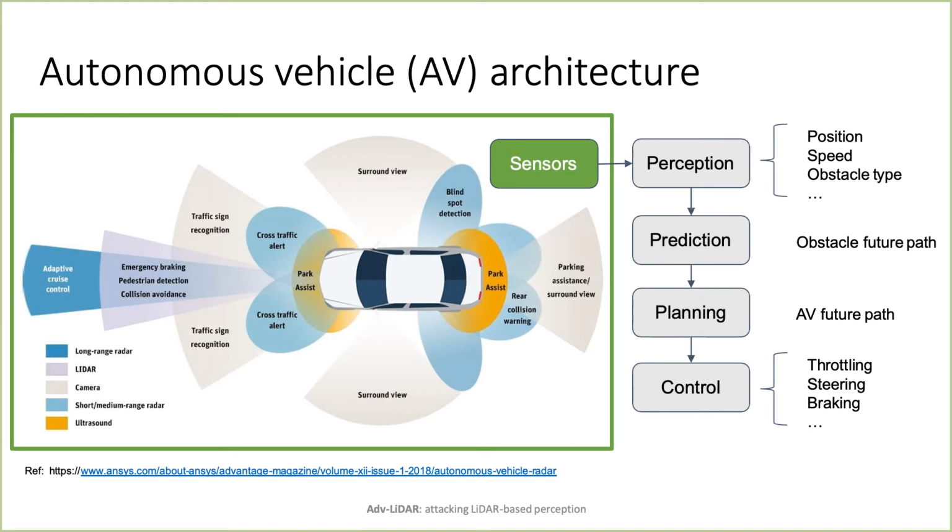Then it will have a prediction module, which will try and predict where that object is moving relative to the car. And then there'll be a planning module where the car will be like, okay, given that, what's my path that I'm going to take? And it will then translate those into controls, so whether to step on the gas, whether to brake, whether to steer.